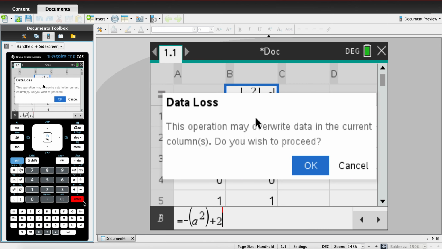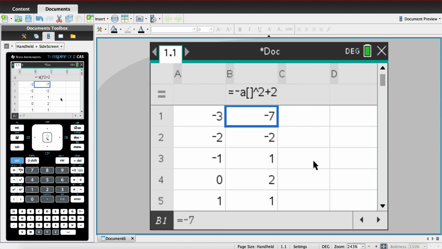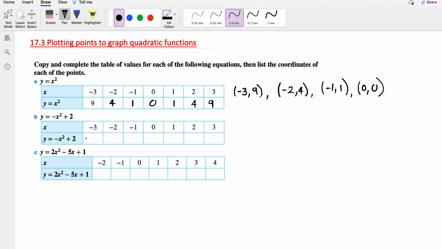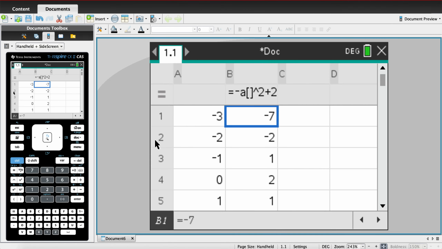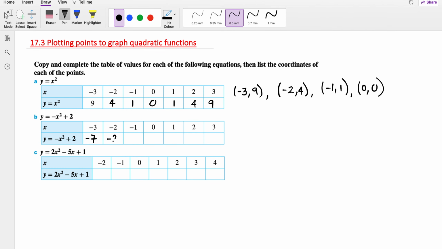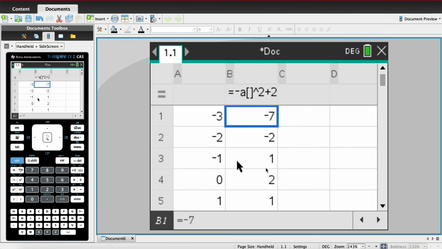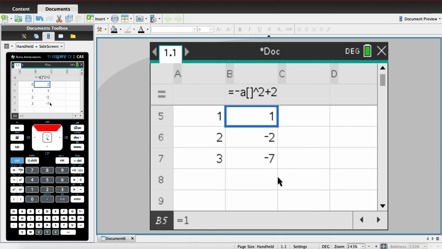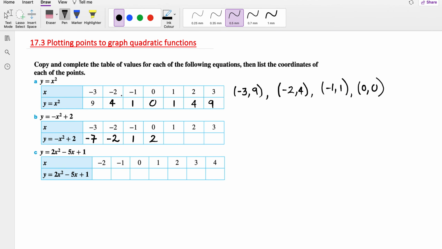Oh, this operation may lose data. Yes, that's okay, I'm going to overwrite data. That's fine. Perfect. And we have done it here. So then it becomes -7, -2, 1, 2, 1, -2, and -7.